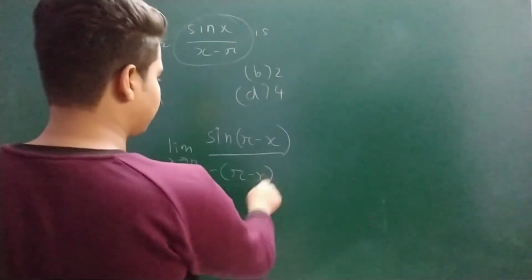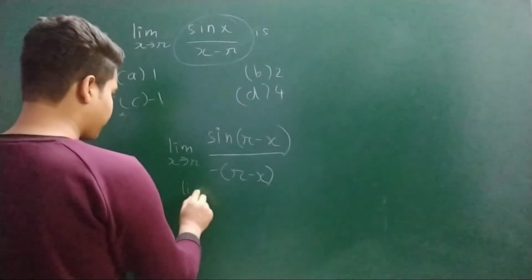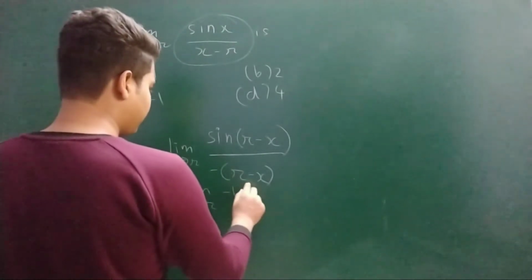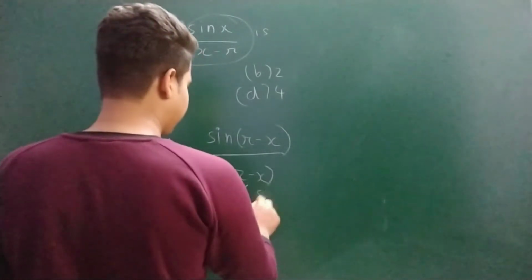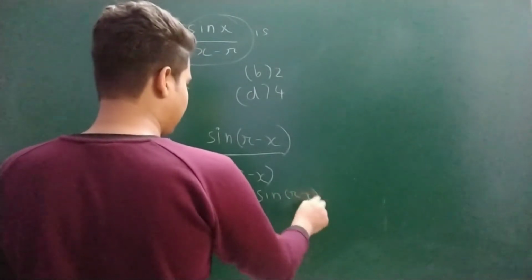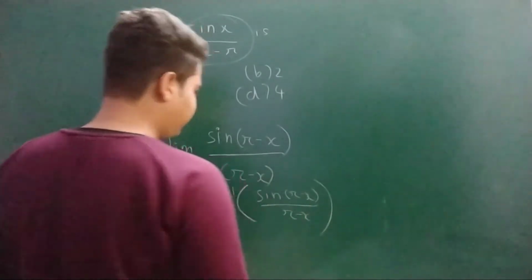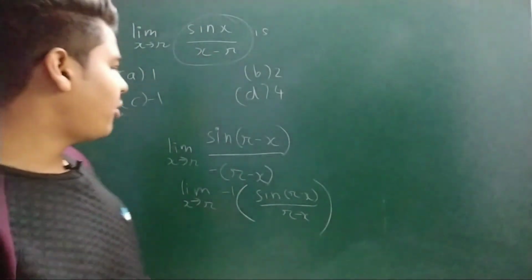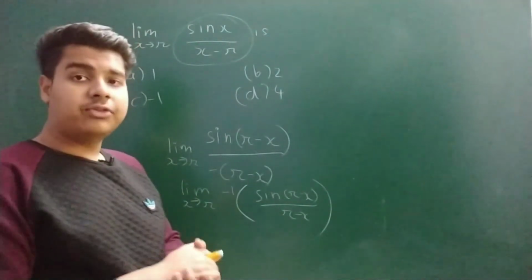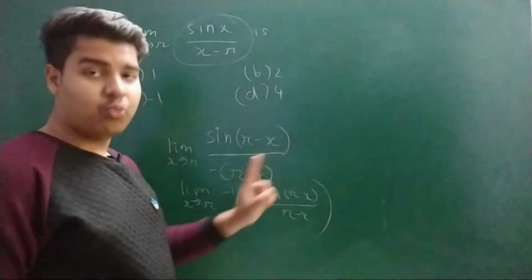From this, minus 1 can be taken out as common, which gives limit x tends to pi of minus 1 multiplied by sin (pi minus x) upon (pi minus x). Using the identity sin a upon a, which we discussed in the first part of the video where all the formulas were discussed, we get the value of this as 1.